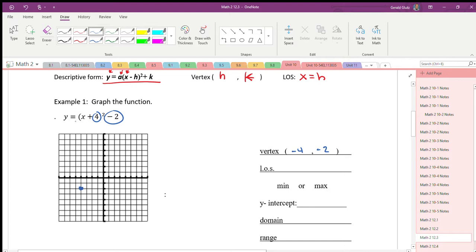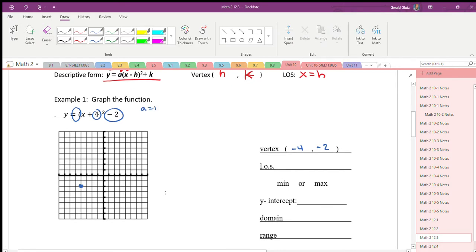So our a value, when it's in vertex form or descriptive form, is always on the outside, the left side of the parentheses. If you do not see a number there, that means a is 1. I know a is 1. So whenever we're graphing quadratic equations, you can make a table if you want, find the y-intercept and all that stuff to graph these.